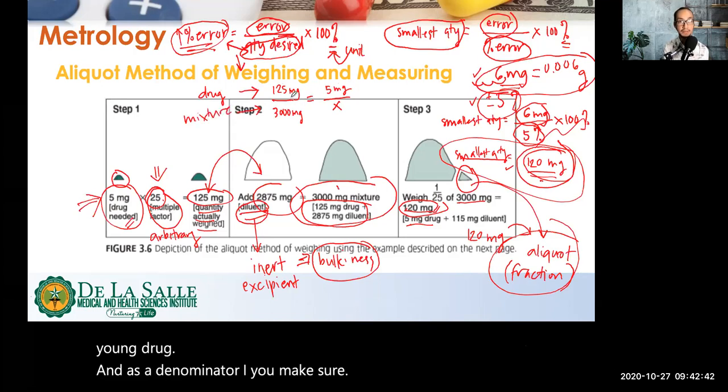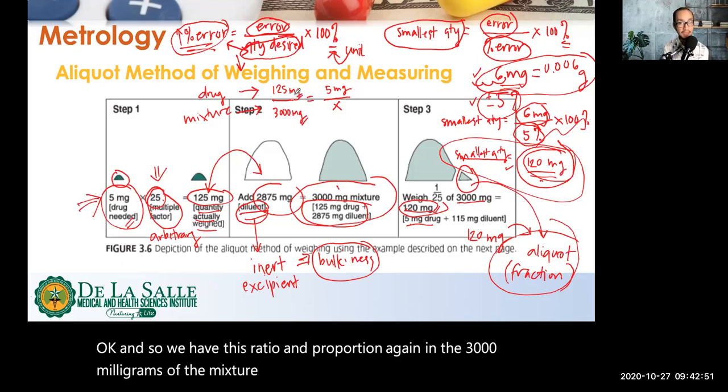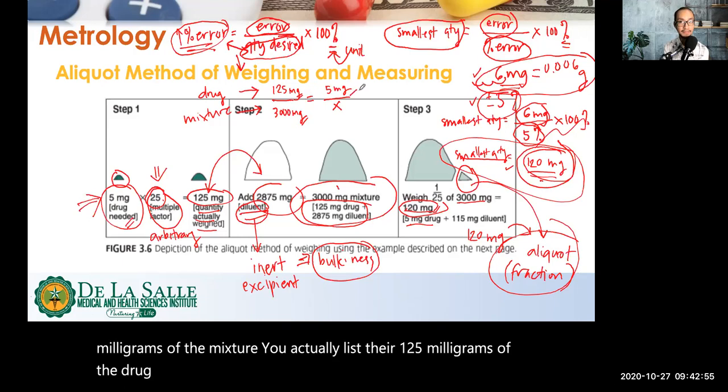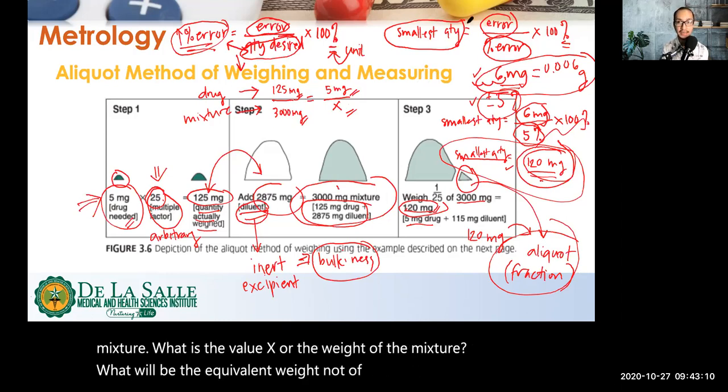Okay? Ayan. So, we have this ratio and proportion. Again, in the 3,000 milligrams of the mixture, you actually place there 125 milligrams of the drug. Now, for you to get 5 milligrams of the drug in the mixture, what is the value X or the weight of the mixture? Okay. What will be the equivalent weight, no, of the mixture?